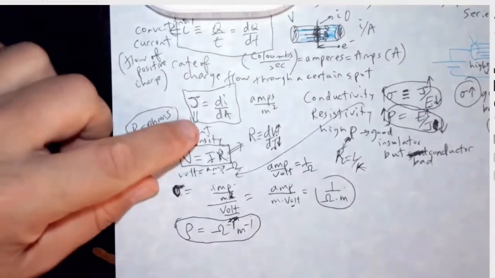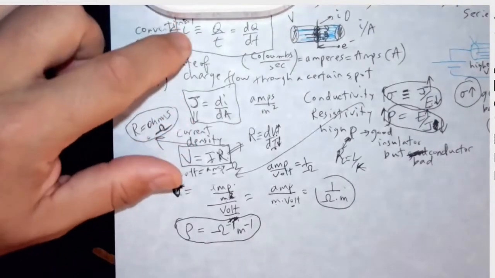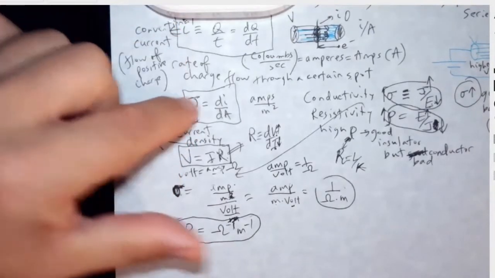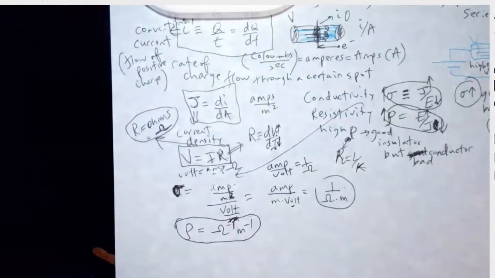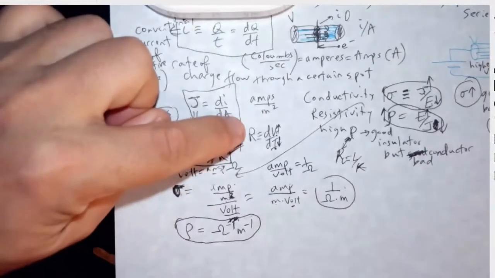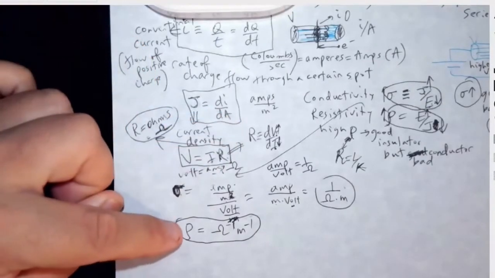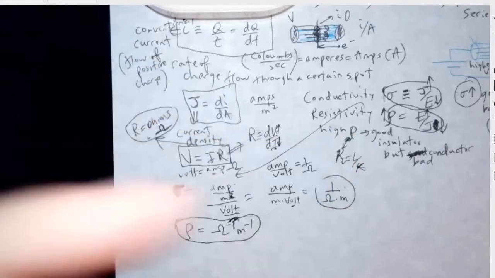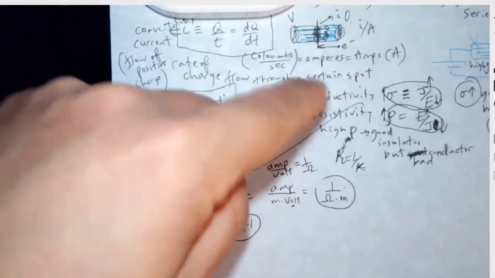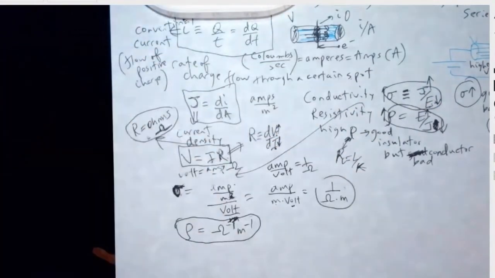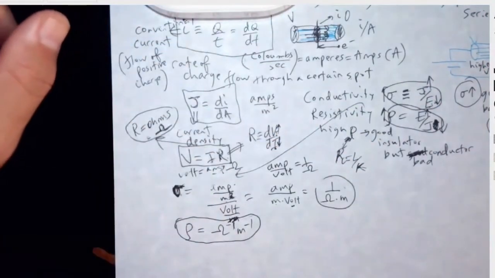So you're defining a bunch of things: what is current, what is current density, what is conductivity, what is resistivity, and what is resistance, and the units. They're logical definitions, but we haven't really proven anything per se here.